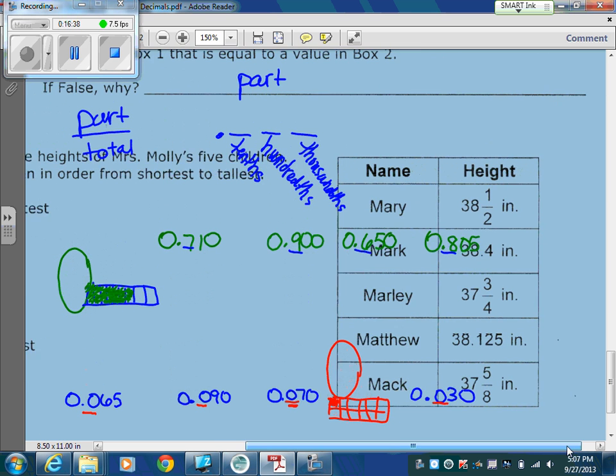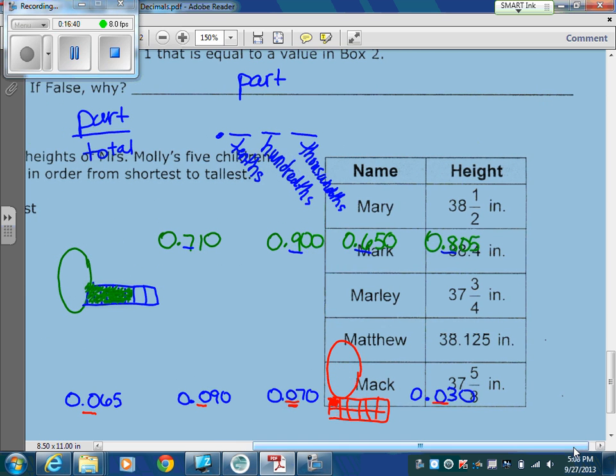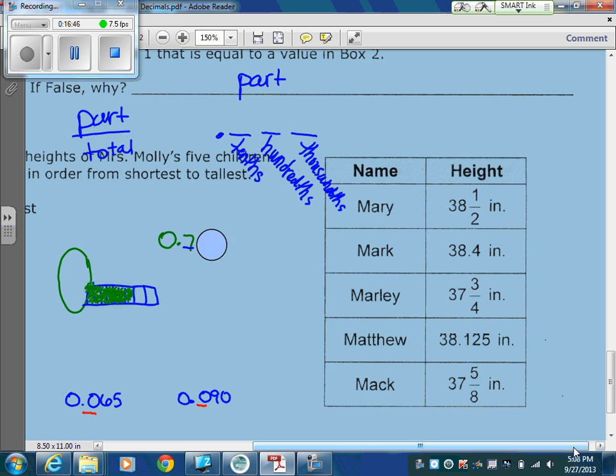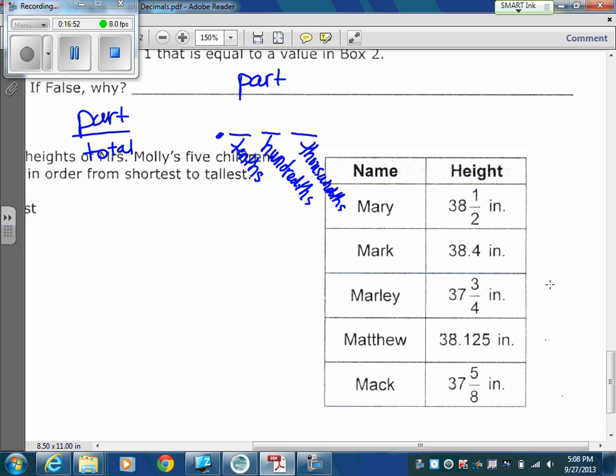The last thing that I wanted to go over is when you have a chart with a mixture of fractions and decimals, you're just going to convert them so that they are all decimals, so that you can easily compare them. So for example, Mary is 38.5 inches. Well, 38 is our whole number, put that in front of the decimal. I know a half is 0.5 or 0.50 or 0.500, meaning 5/10, 50 hundredths, 500 thousandths.